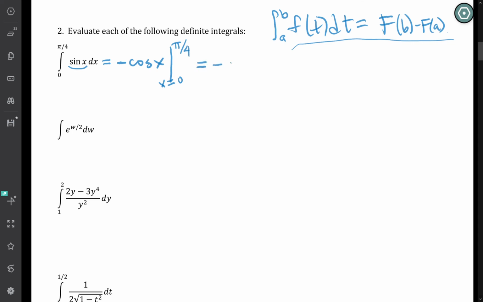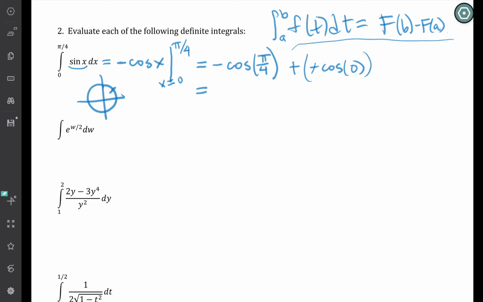So I'm going to get negative cosine of pi over 4. And I'm going to get negative cosine of 0, but since I'm supposed to subtract that second one, it's actually going to end up being a plus. So I get, let's see, pi over 4 is right smack in the middle of quadrant 1, so both cosine and sine, both x and y, are going to be 1 over root 2.